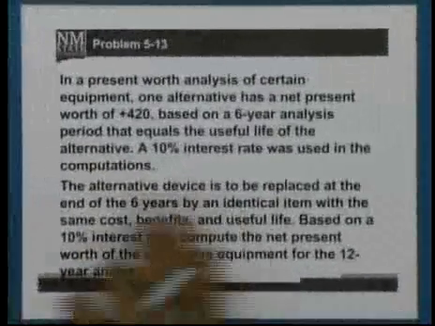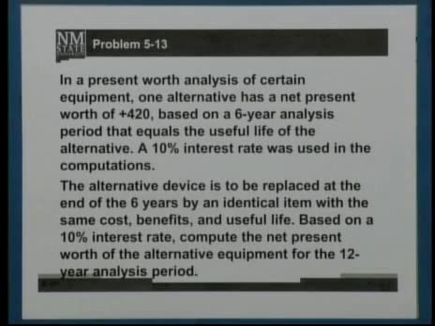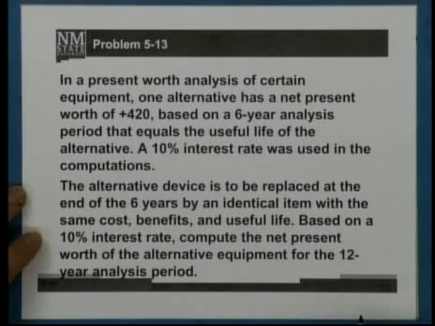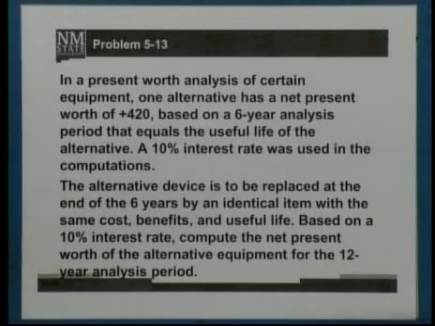Next problem that we are going to solve is problem number 5-13. In a present worth analysis of certain equipment, one alternative has a net present worth of positive 420, based on a 6-year analysis period that equals the useful life of the alternative.